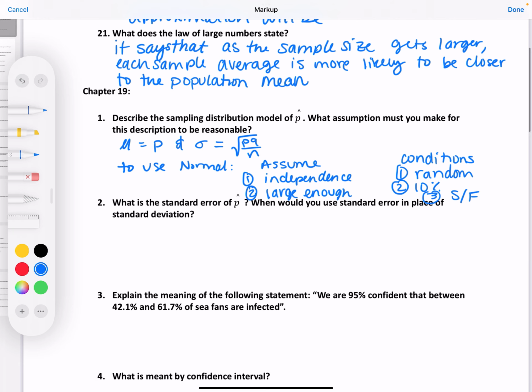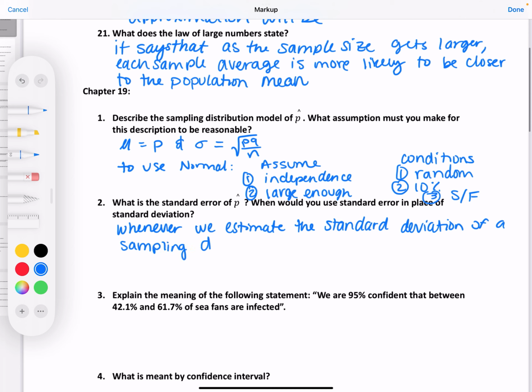Let's see. What is the standard error of p hat? When would you use standard error in place of standard deviation? So whenever we estimate the standard deviation of a sampling distribution, we calculate standard error.